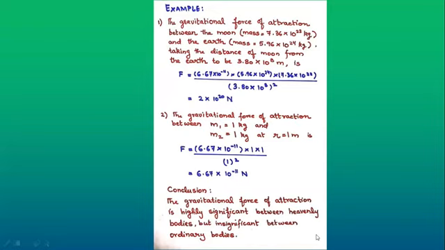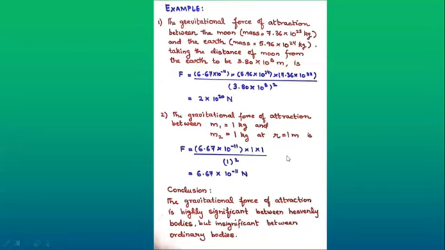Let m1 be the mass of the moon, taken as 7.36 into 10 power 22 kg, m2 the mass of the earth, 5.96 into 10 power 24 kg, and r is the distance of the moon from the earth, that is 3.80 into 10 power 8 meter. After substituting the values of G, m1, m2 and r, the magnitude of force obtained is 2 into 10 power 20 newton, which is quite a large magnitude.